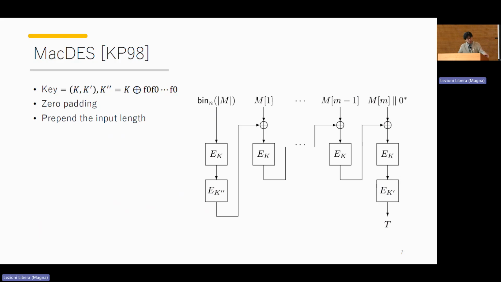This is one called MacDES, designed in 1998. It uses 2 keys. Zero padding is used here, so it can handle a partial input block. And the input length is prepended at the very first of the input. With this, it can handle variable input length messages.